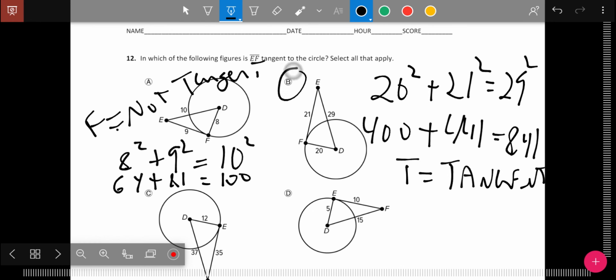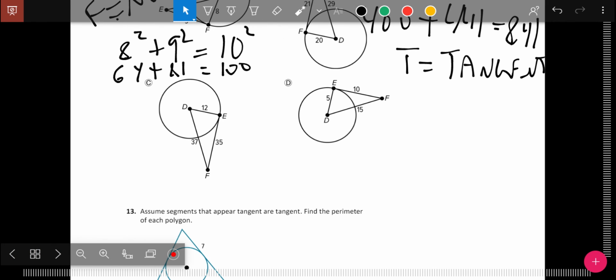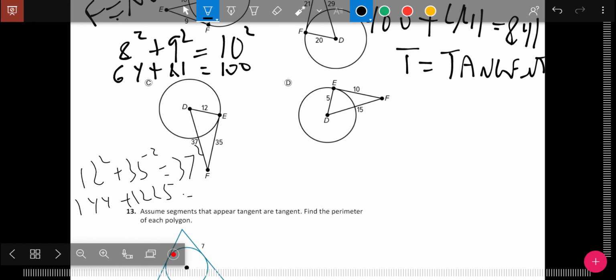Okay. I continue on. Down here, I'm going to do 12 squared plus 35 squared equals 37 squared, which is 144 plus 35 squared is 1225 equals 37 squared, 1369, which is true, and so it is tangent.